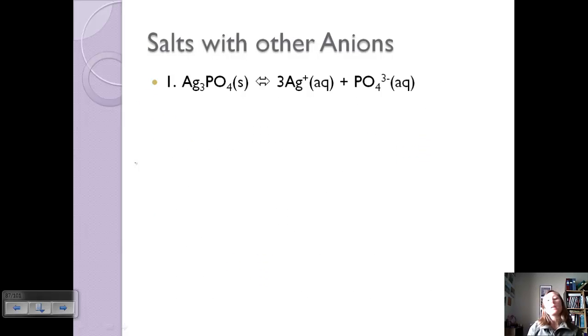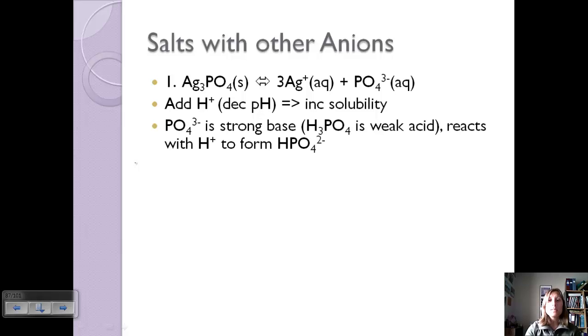Okay, this also applies to salts with other anions. So for example, we have silver phosphate, Ag3PO4, dissolves into silver ions and phosphate ions. Well, if you add H+, so if you decrease the pH, we're going to increase the solubility. And the reason that that works is because our phosphate ion is the conjugate base of a weak acid, and so it's a strong base, and so it reacts with the H+ to form HPO4 2-.